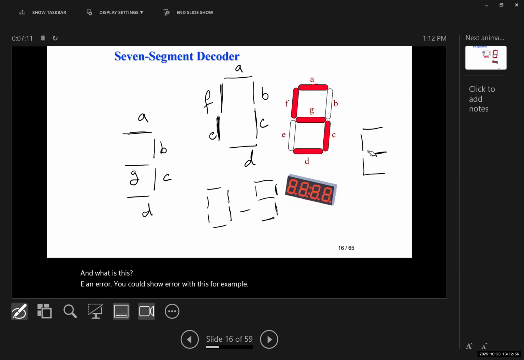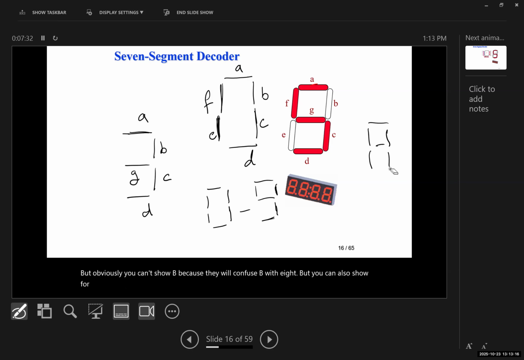Okay. So you can use the BCD and allocate numbers 10, 11, 12, 13, 15 to park, which is parking, ground floor, error, something like that, like A. But obviously you can't show B because they will confuse B with 8. But you can also show, for example, A as well.